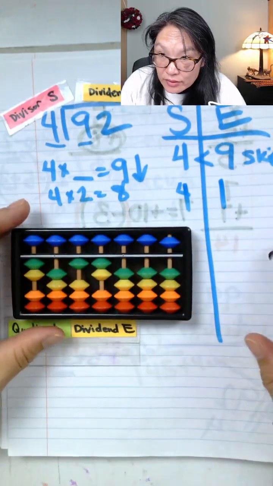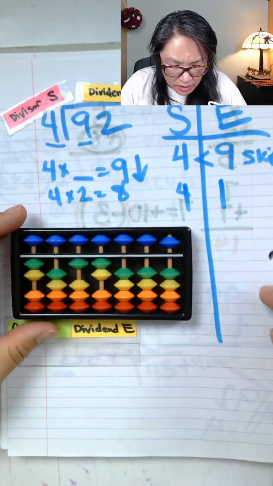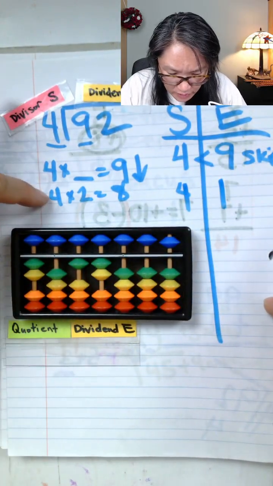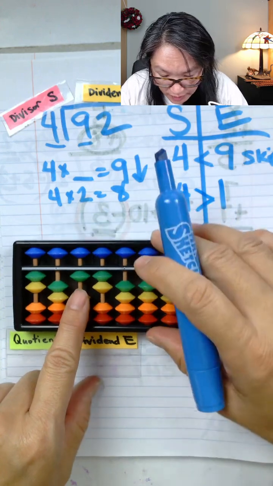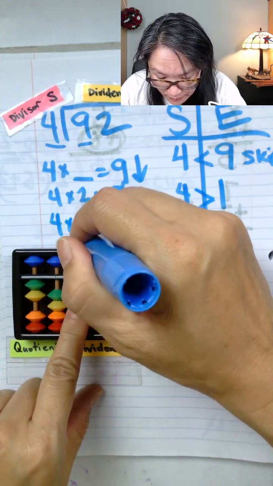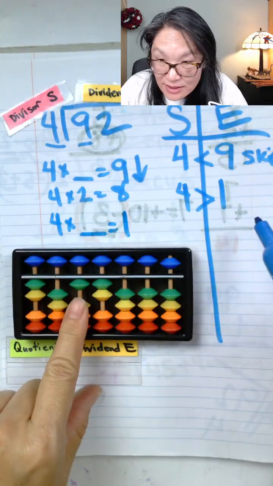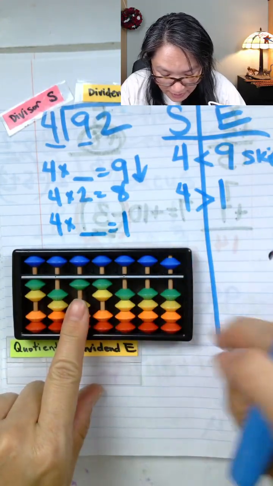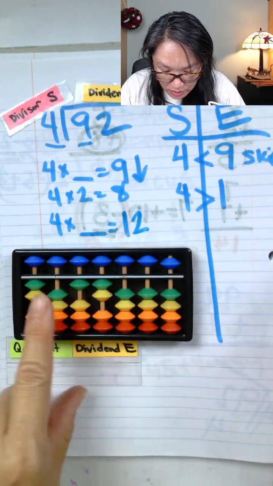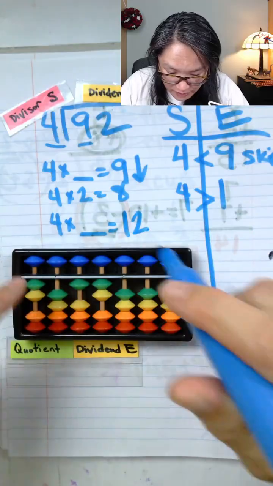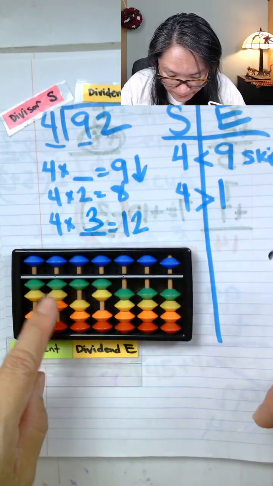Divisor is 4, dividend is 1. We compare, yes, divisor is bigger. So we know we have 4 times what is equal to 1. That doesn't make sense. We need the second digit. This is the second digit. So that means 4 times 3 is equal to 12.